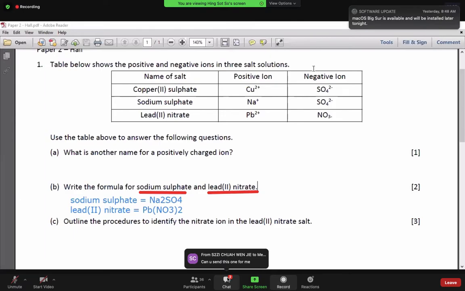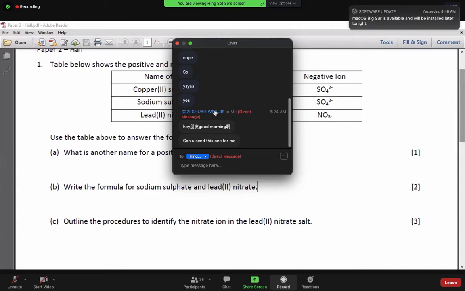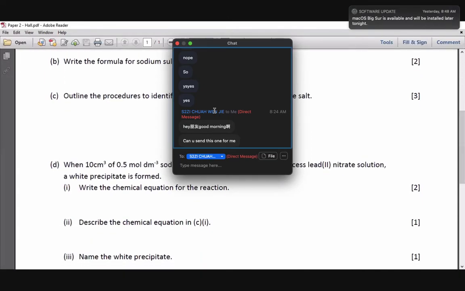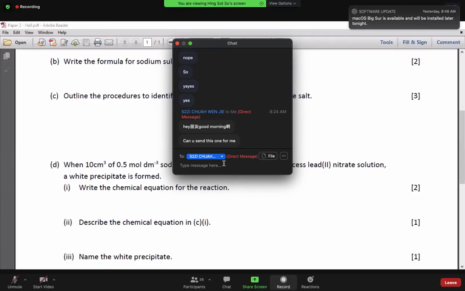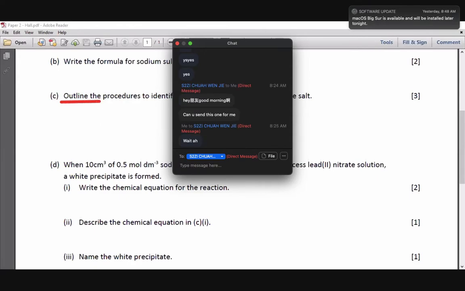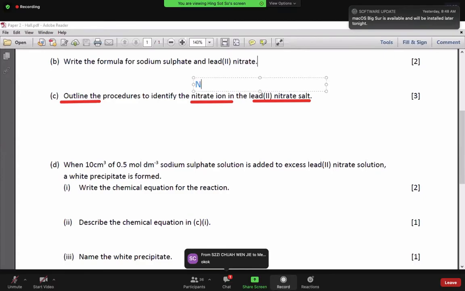Okay, then next question. This is different from IGCSE. How to test the nitrate ion? Outline means you can write out the steps, how you can carry out the experiment to identify the nitrate ion in the salt. 就是讲它要 test NO3 minus ion.